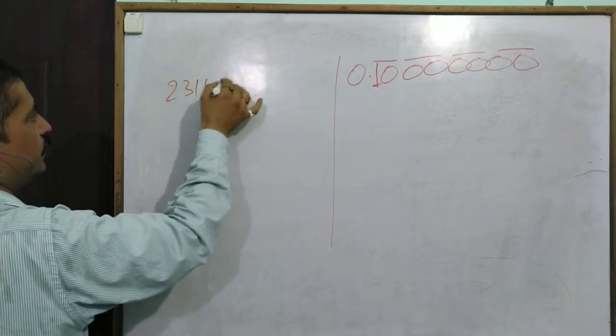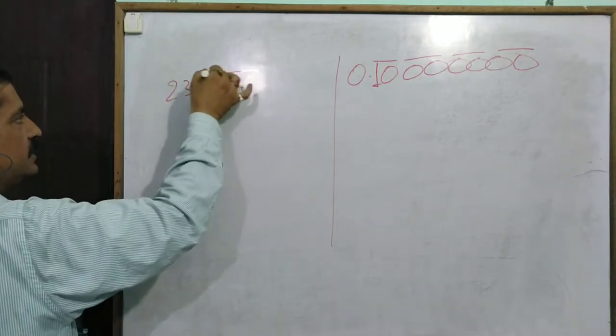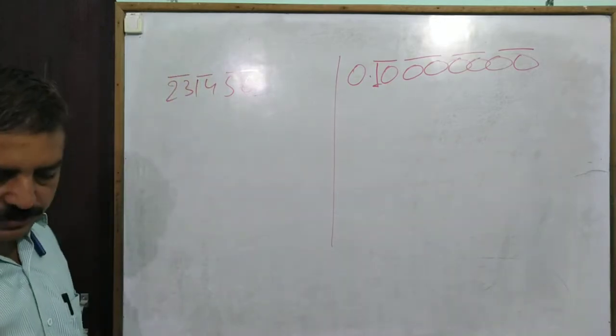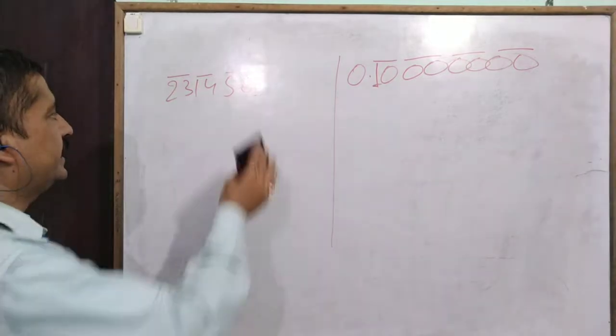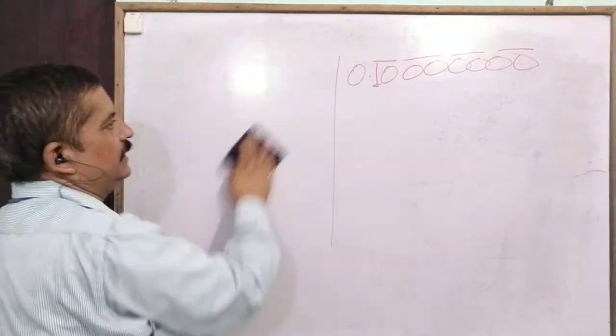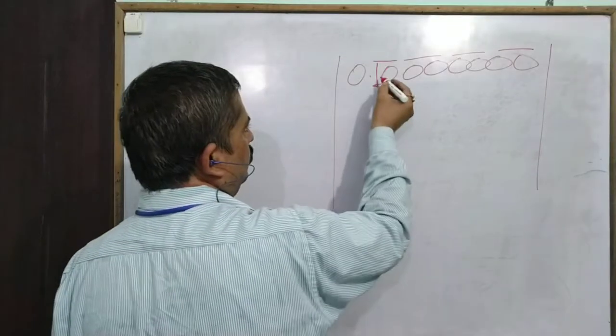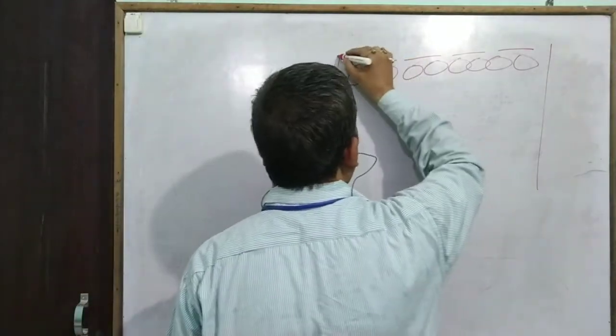2, 3, 1, 4, 5, 6. In a whole number you just pair from the right side. In a decimal you pair from the left side. So first decimal.